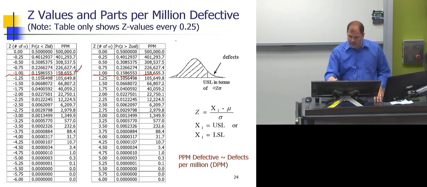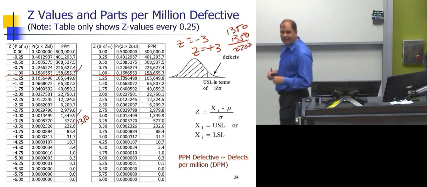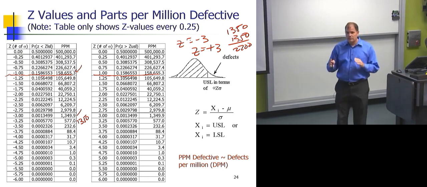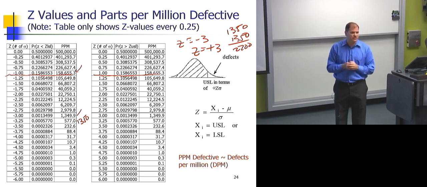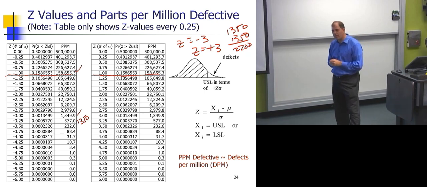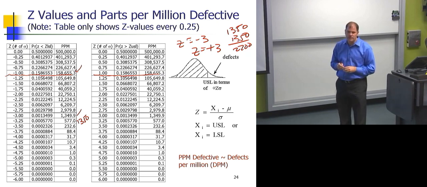By the way, if z equals -3, I get 1350, and z equals +3, I also get 1350. Add up 1350 and 1350, I get 2700. So if my specifications are plus or minus 3 sigma in distance, I'll get z values of +3 and -3, and I'll get 99.73% in spec, 0.27% out of spec, or 2700.